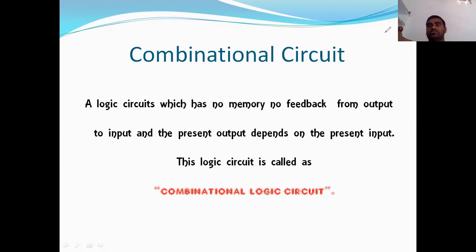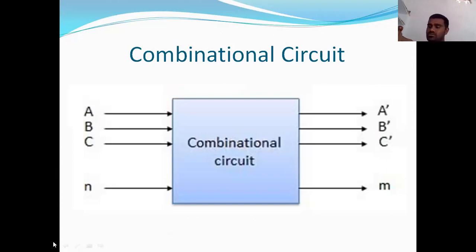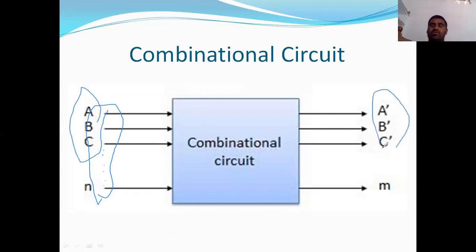Next, the block diagram of a combinational circuit. Here we have a number of inputs, A, B, C, up to n inputs. These A, B, C are called inputs, and the outputs are represented as A bar, B bar, C bar.